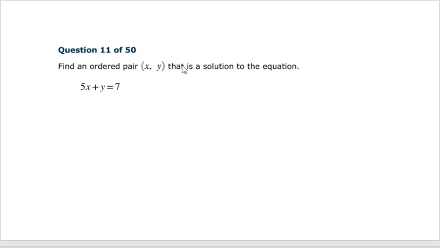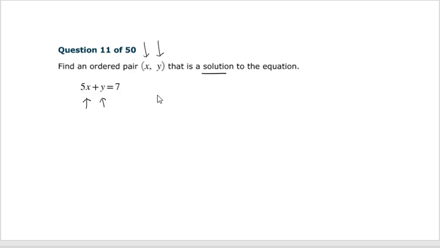Okay, question number 11. Find an ordered pair that is a solution to the equation. Now, if an ordered pair is a solution to the equation, that means when you plug in the x and the y for the x and the y in this equation, it will make this equation true.